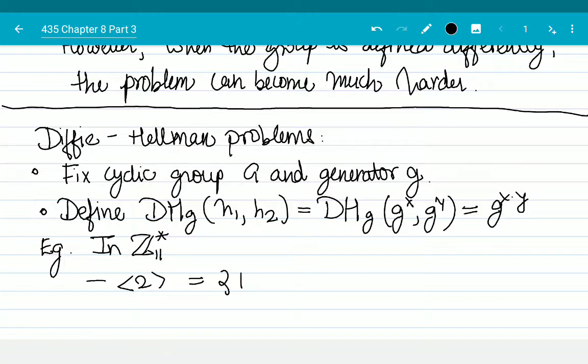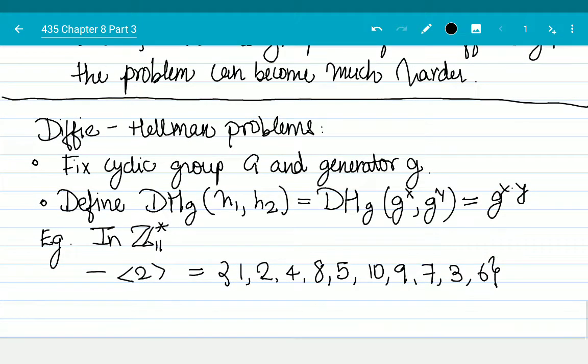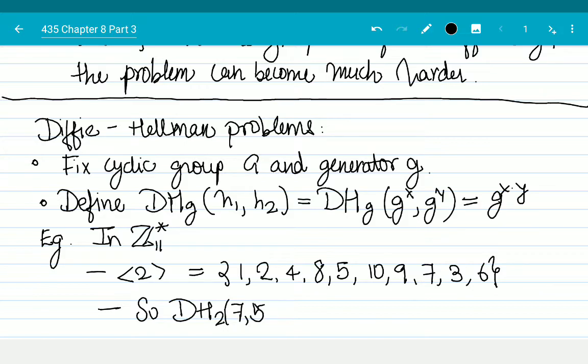The group generated by 2, the generator of Z11 star, looks like 1, 2, 4, 8, 5, 10, 9, 7, 3, 6. So the question is, what is Diffie-Hellman of 2 of (7, 5)?